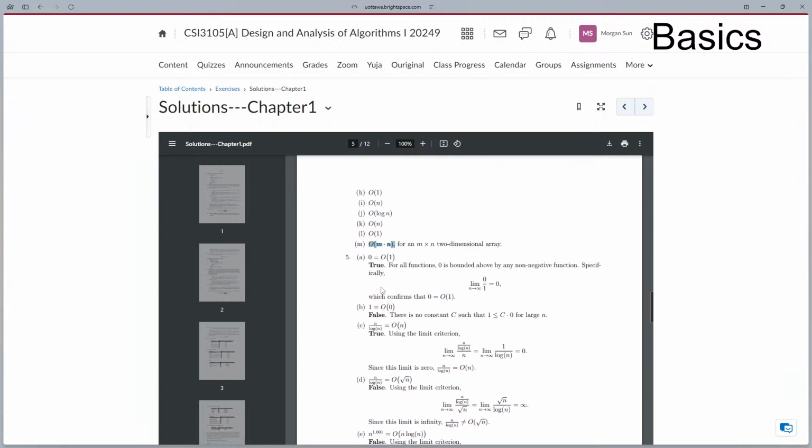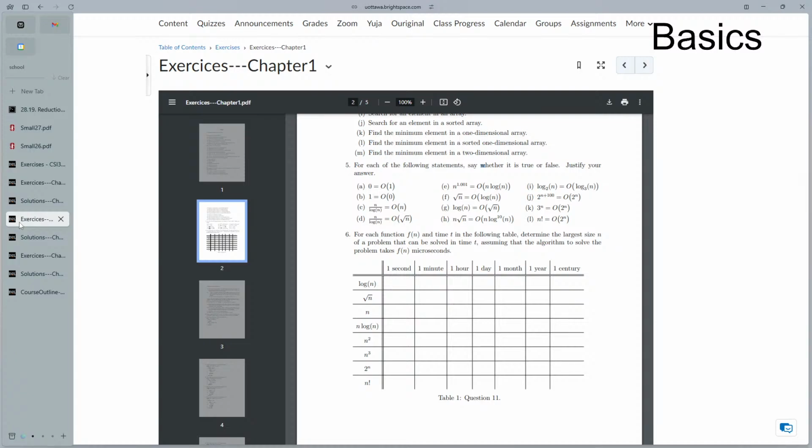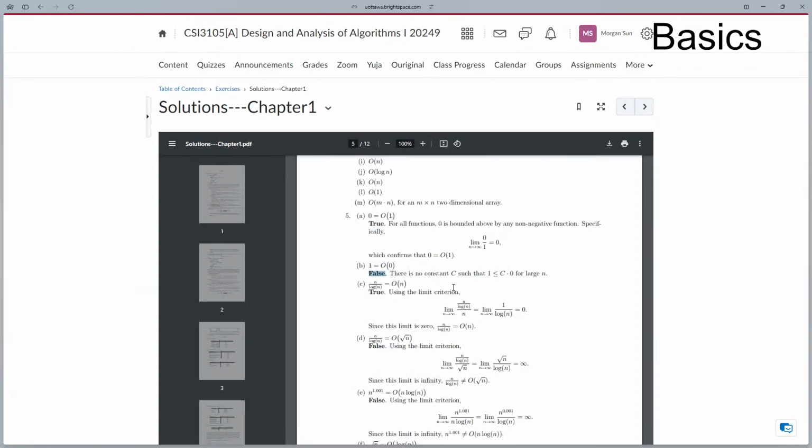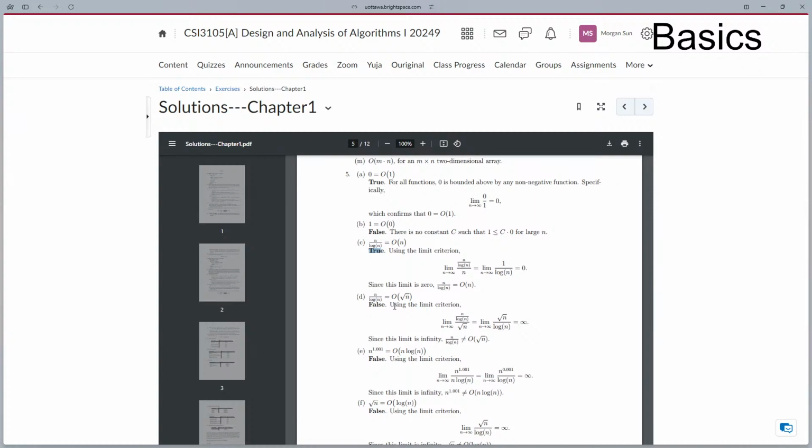Okay, let's see. True. Okay, this is false. Why is that? There's no constant such that 1 is smaller than C times 0 for larger n. Oh, there was an O of 0? Okay, I didn't even see, so this should be false actually. And then, oh, this is also true. Okay.